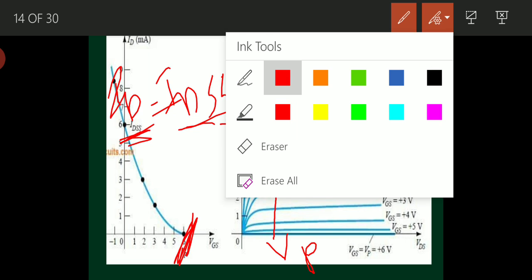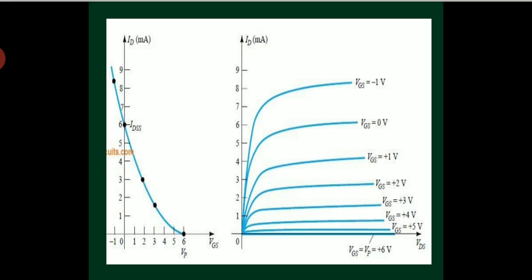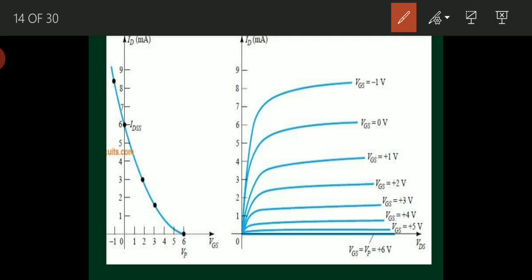So when VGS equals VP, I am with 0 current. When VGS equals 0 volts, I am with ID equal to IDSS.